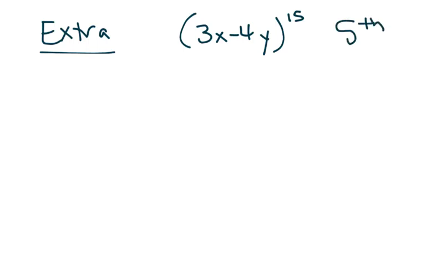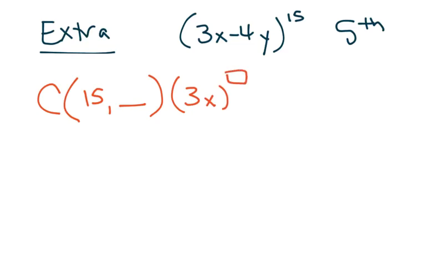Well, you don't want to expand Pascal's triangle to row 15 and then figure out what the fifth term is. So we need another way of doing it, and the way we do it is by a combination. To find the coefficient of the fifth term, the combination will be 15 comma something, and we'll find that something in a moment. And then you're going to do some combination of 3x and -4y with exponents.